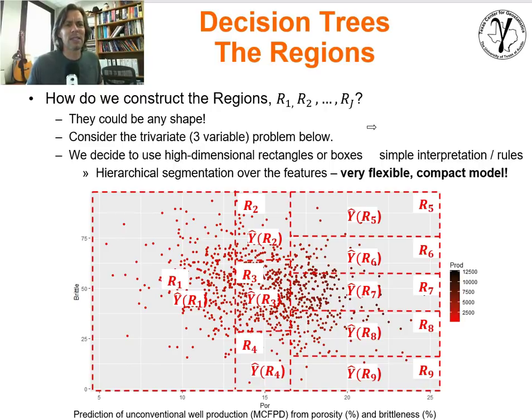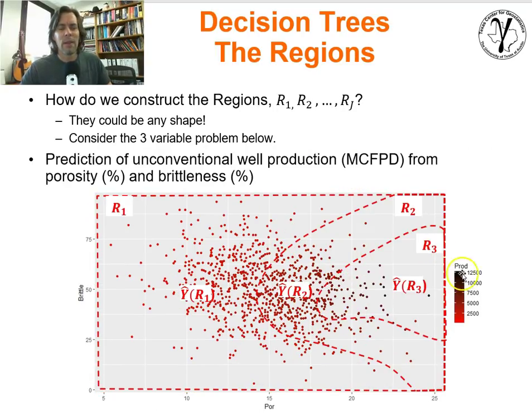The problem is if we start thinking about that, we think about how to parameterize that problem. It's complicated. We'd have to have in multi-dimensions some type of boundary that is parameterized such that it divides the space.